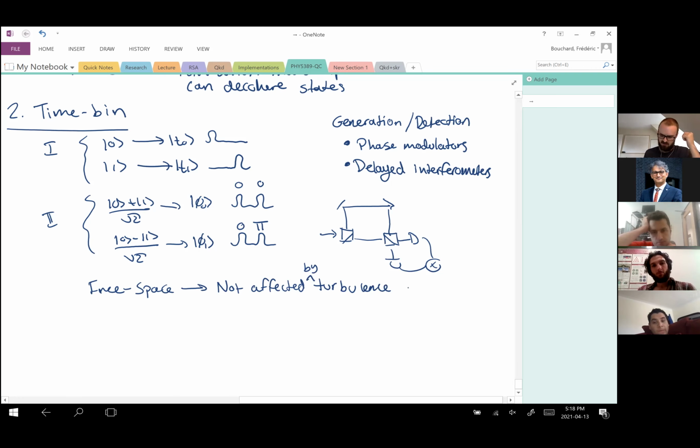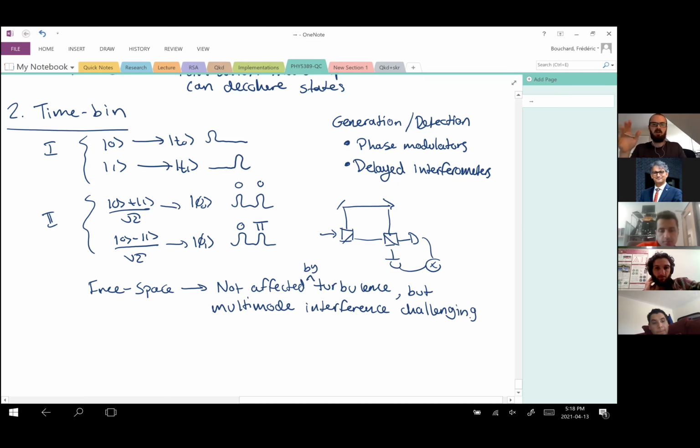But multi-mode interference is challenging. So you have an interferometer here. Spatially, when you go through turbulence, your spatial mode becomes very multi-mode because of the turbulence, and it can be tricky to have these interferometers and measure time whenever you have turbulence. So challenging, but still you should be able to do time bins in free space.